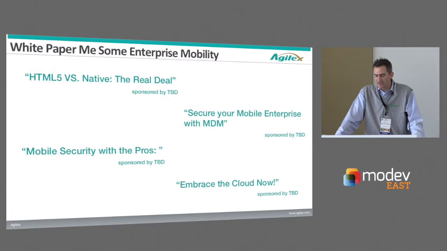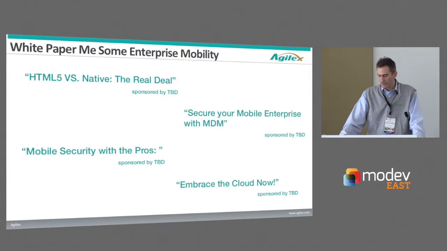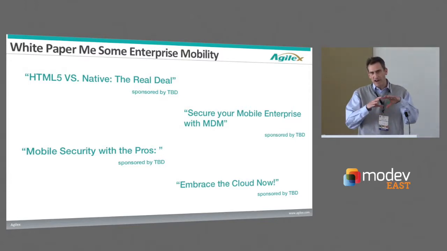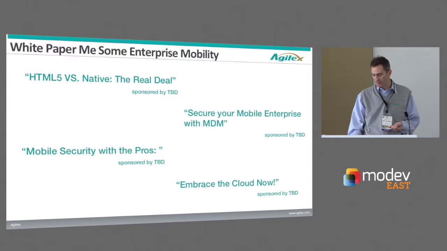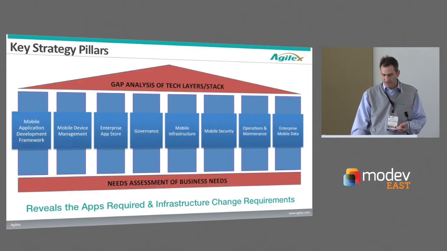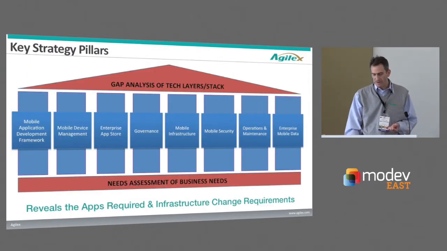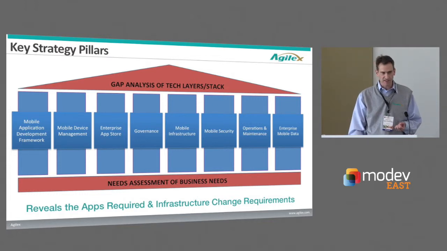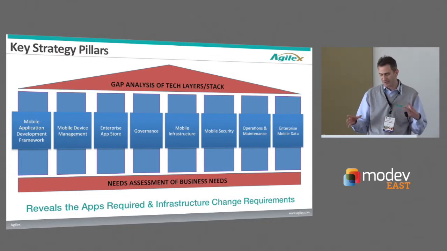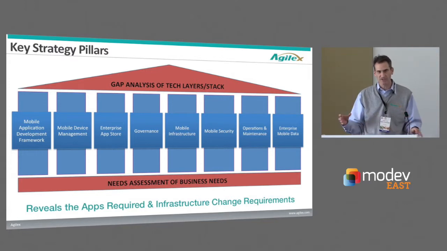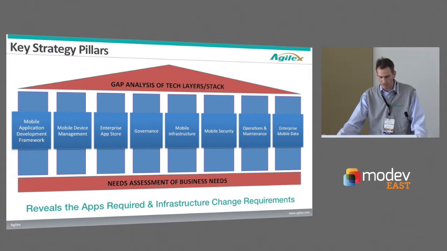And I think it's due in part to mobility touching pretty much every aspect of the enterprise, from governance to data to networking, telecommunications. And when you're looking at a mobile strategy, you really need to think about all those different layers or pillars, if you will. And these are some of what we consider to be some of the key pillars. This is not the ultimate list. There's variations on this, but these are certainly some of the key ones.